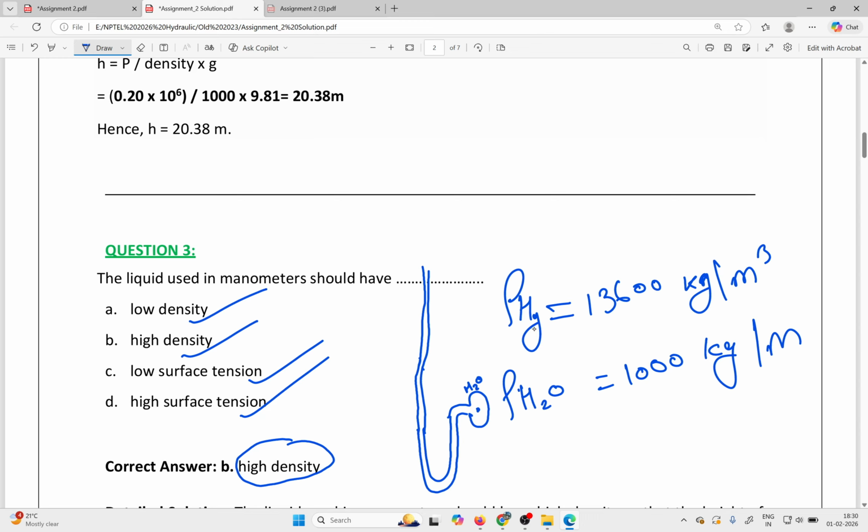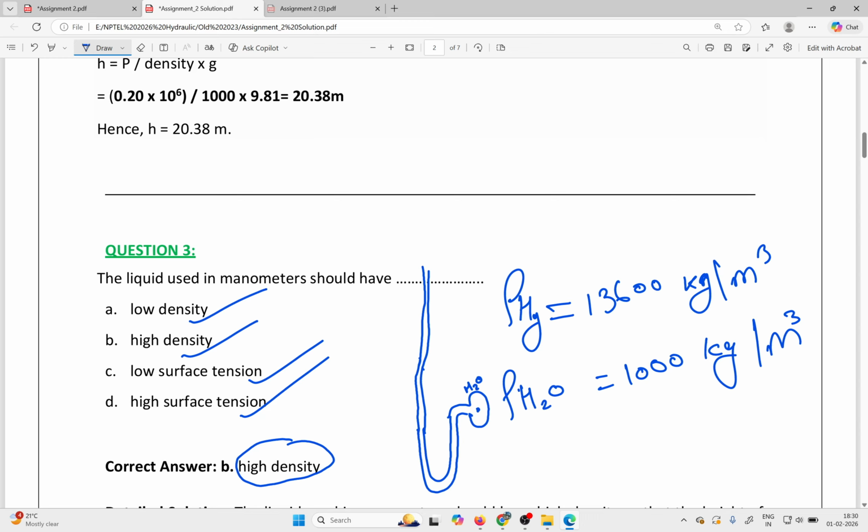Means if you use mercury, the height of your tube is less, because 1000 kg per meter cube water has to lift 13,600 kg per meter cube. Remember, please, that is 13 times more weight.